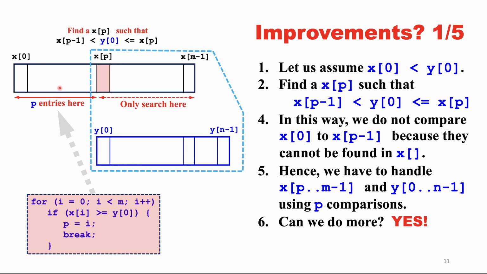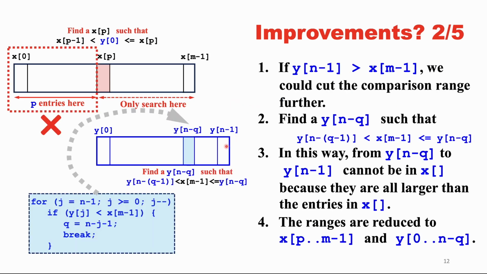If we could cut the first part, we could also cut the second part. Here, we assume that yn minus 1 is larger than xm minus 1. So we could scan down, n minus 1, n minus 2, down to yn minus q, so that yn minus q is larger than xm minus 1, but the next element, yn minus q minus 1, is less than this one.